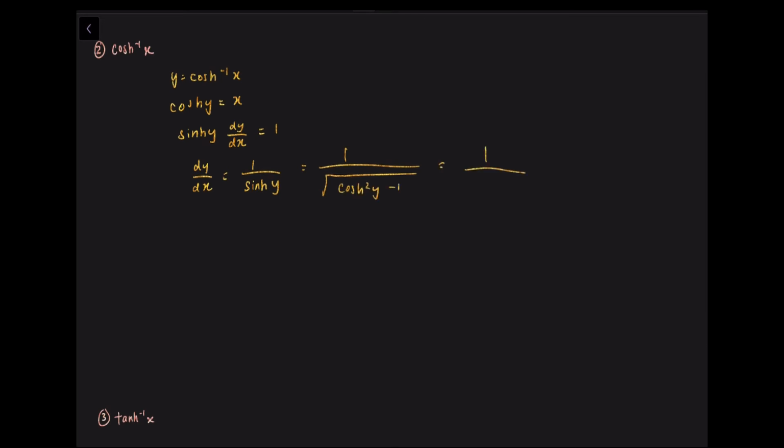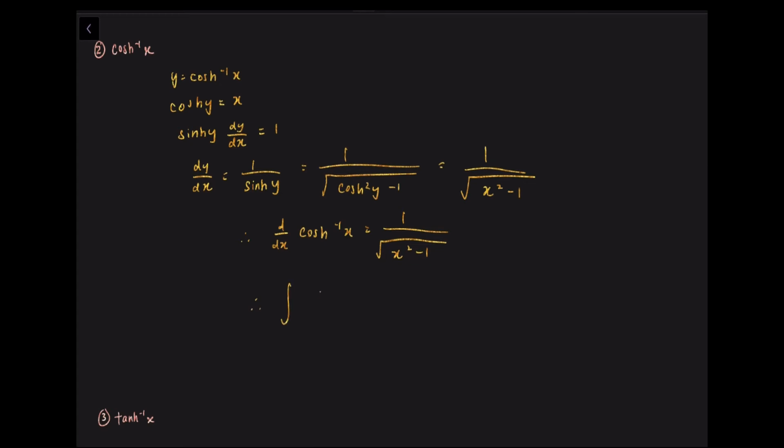And we replace cos y with x, so we have 1 over the square root of x squared minus 1. So d/dx inverse cos x equals 1 over the square root of x squared minus 1.